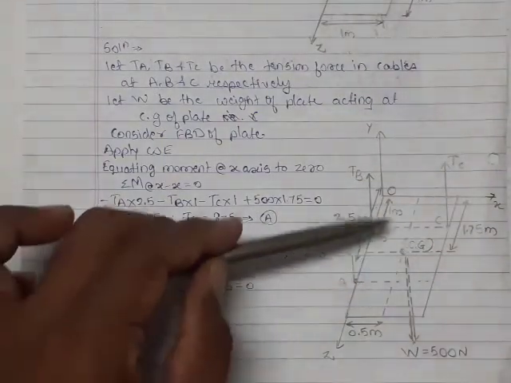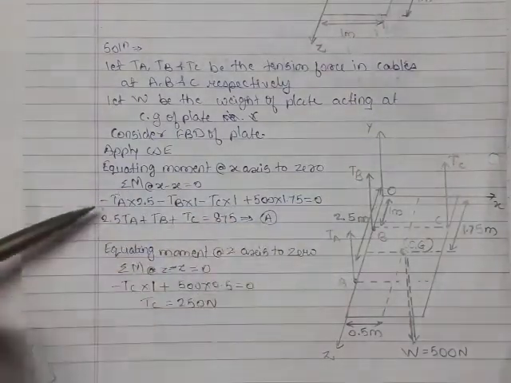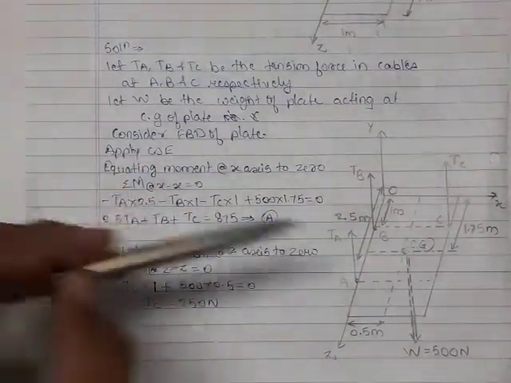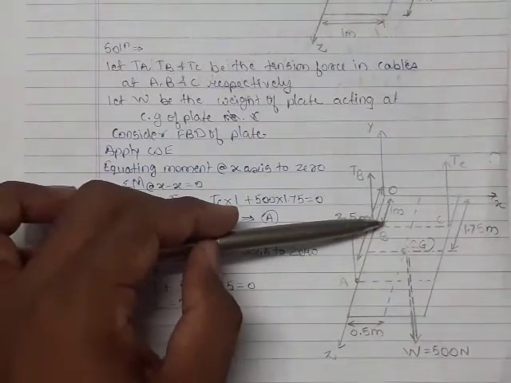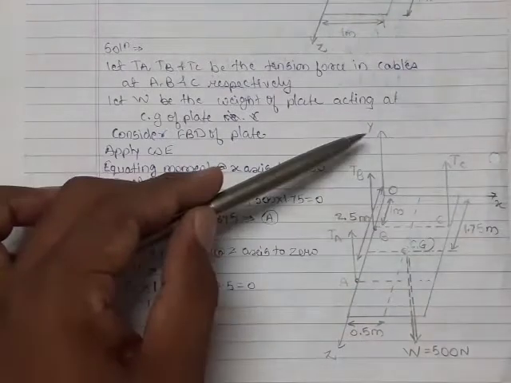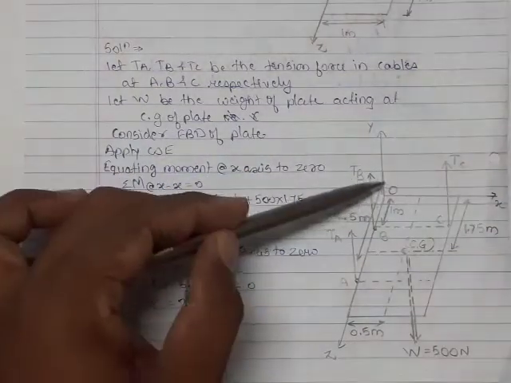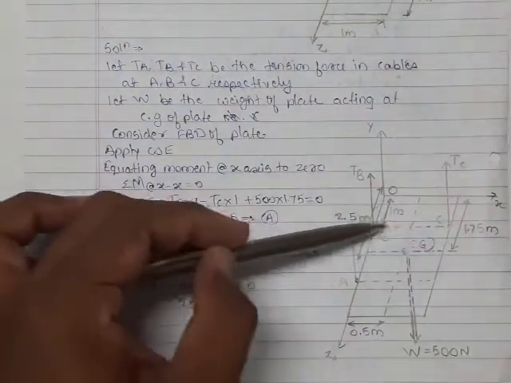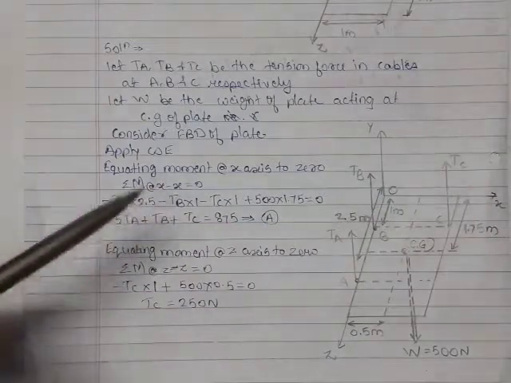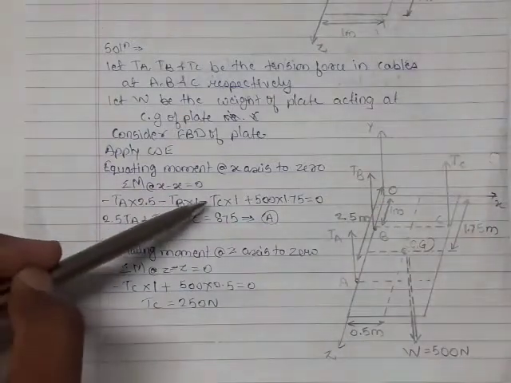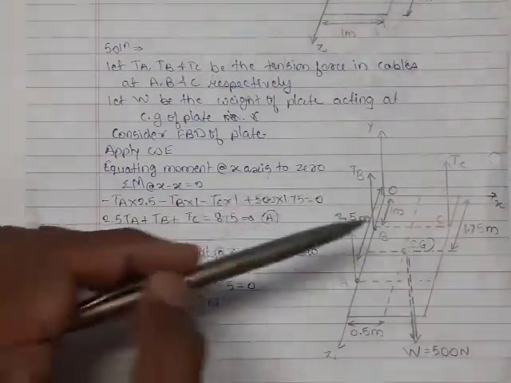It is acting at distance 2.5 from the x-axis, minus TA into 2.5. Moment due to TB force is again negative. Moment due to TC force is again negative. TB and TC are at distance 1 meter from the x-axis, so minus TB into 1, minus TC into 1.